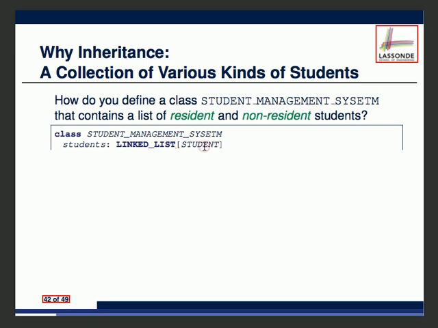That means the static type, since we talked about declaration, the static type for every element in the list is students. Now, if you have students on the left-hand side of the assignment, what can you assign to it? It can be either resident students or non-resident students.